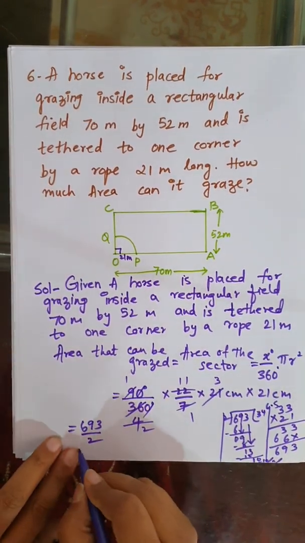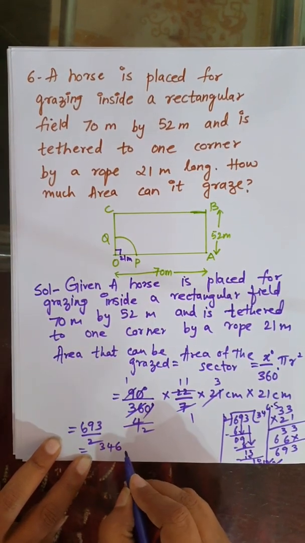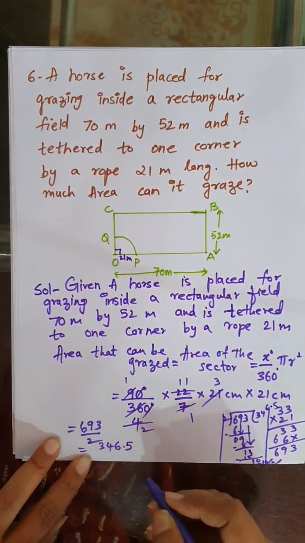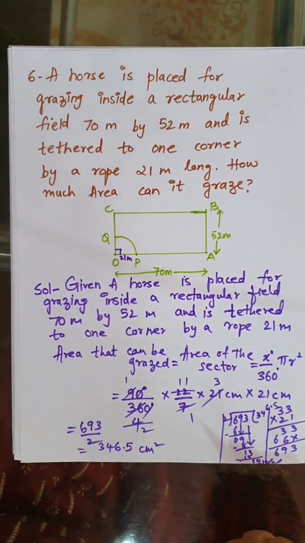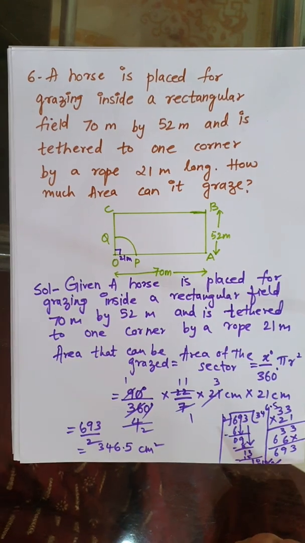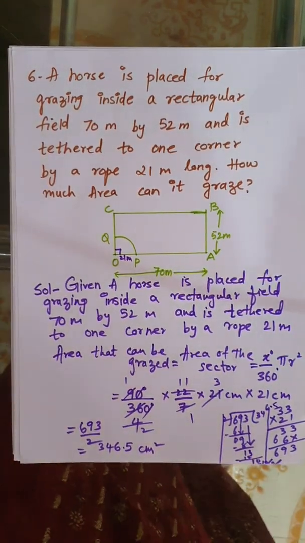So it is 346.5 centimeter square. The area that can be grazed is equal to 346.5 centimeter square.